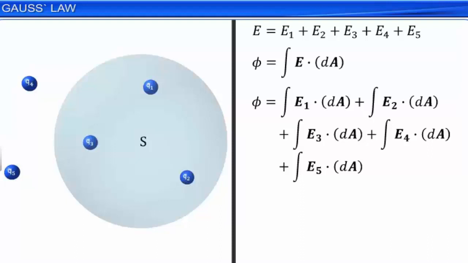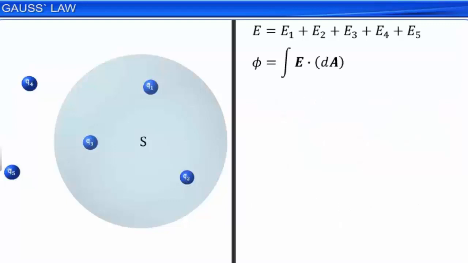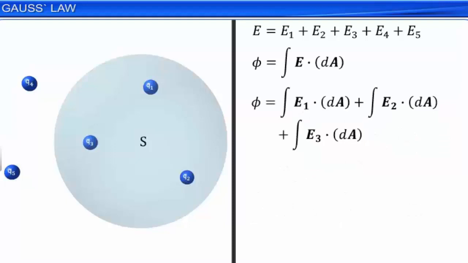Since charges Q4 and Q5 are outside the Gaussian surface, net flux due to these two charges is 0. Hence, the net flux on the surface is due to the three charges inside the Gaussian surface. That is, phi is equal to integral E1 dot dA plus integral E2 dot dA plus integral E3 dot dA.